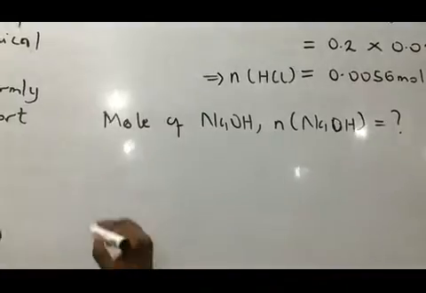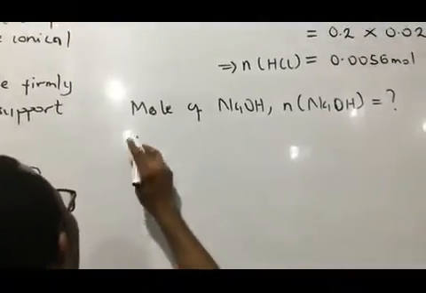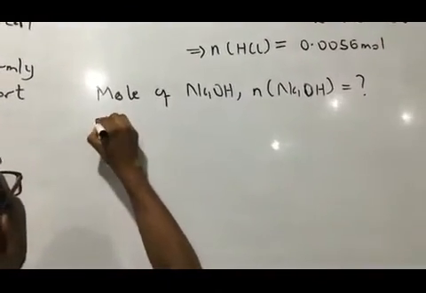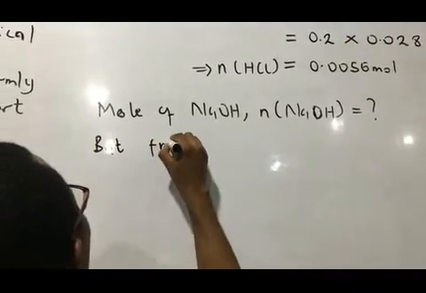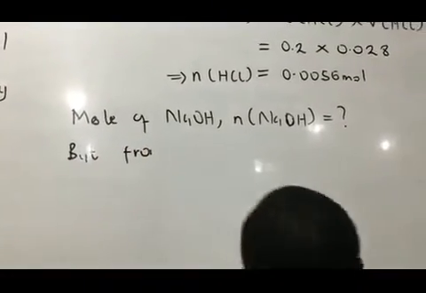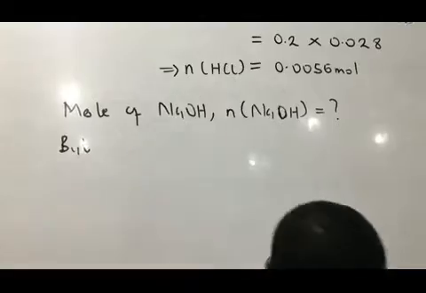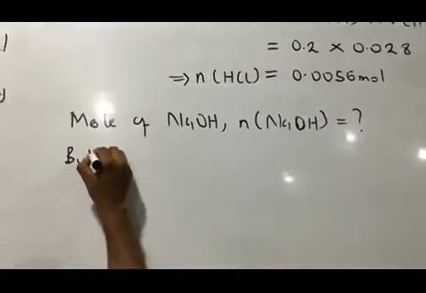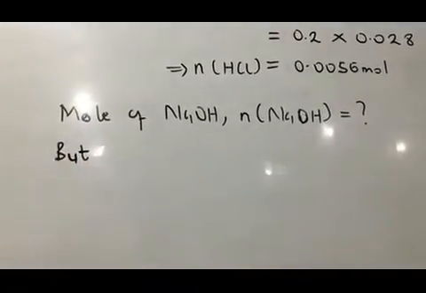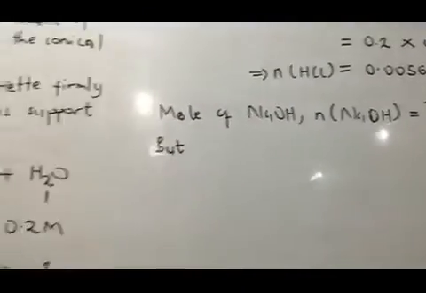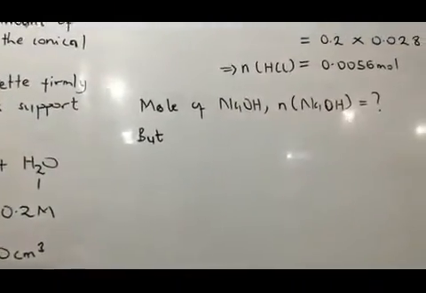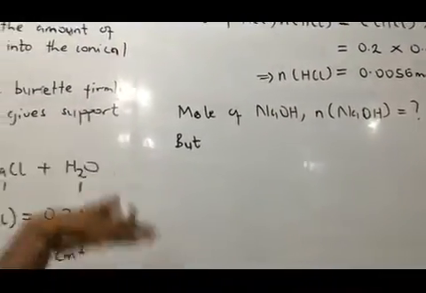That's what we are calculating. But from the equation, I told you that if you are supposed to look for the mole of a compound using the equation, the one that you are looking for will be above, and the one that you know will be below.